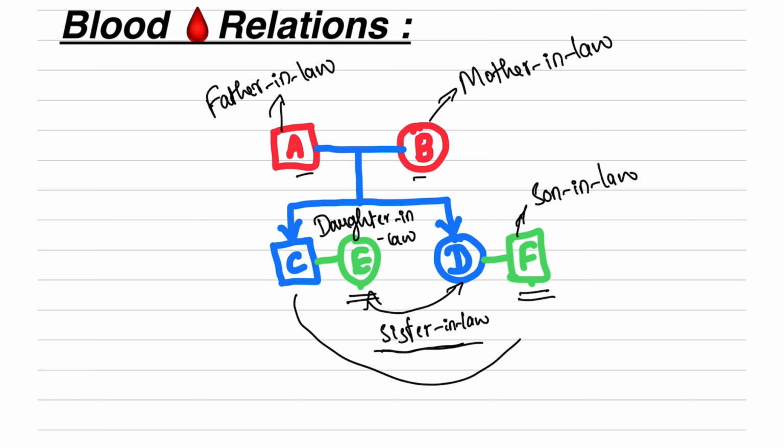And now see the relation between C and F. C will be brother-in-law for F and F will be brother-in-law for C. So same way E is also sister-in-law for F. F will be brother-in-law for E. So these are the relations.